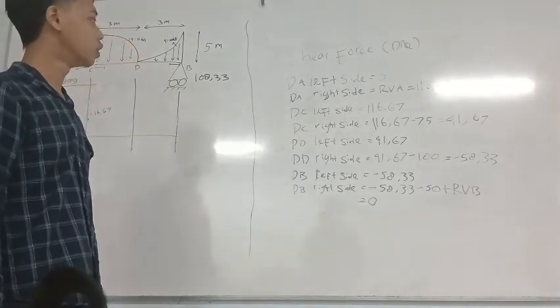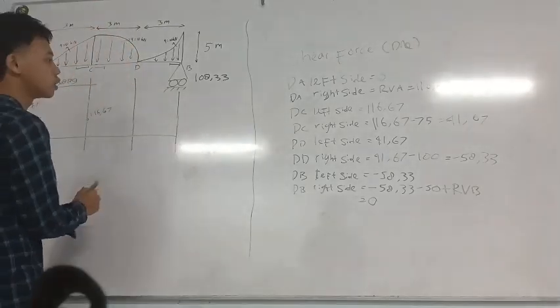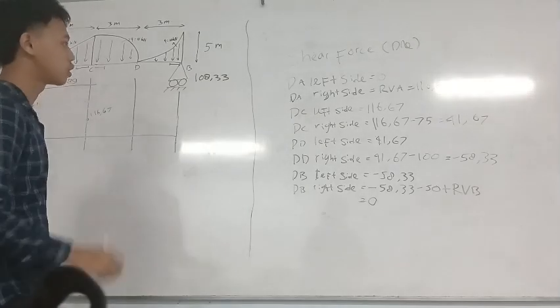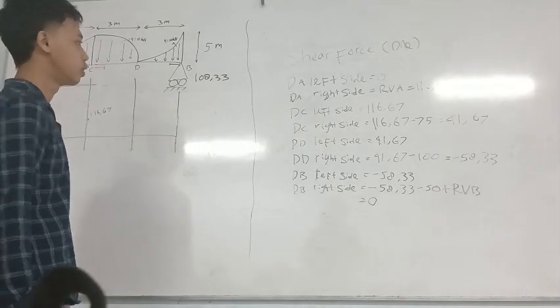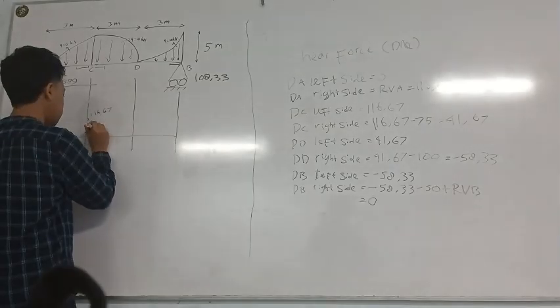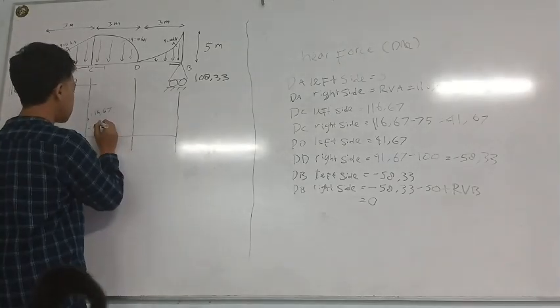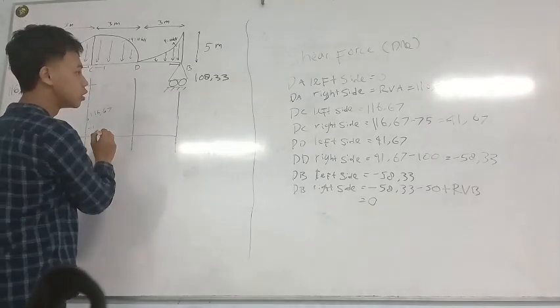So on the DC right side is in here, it's 41.67.